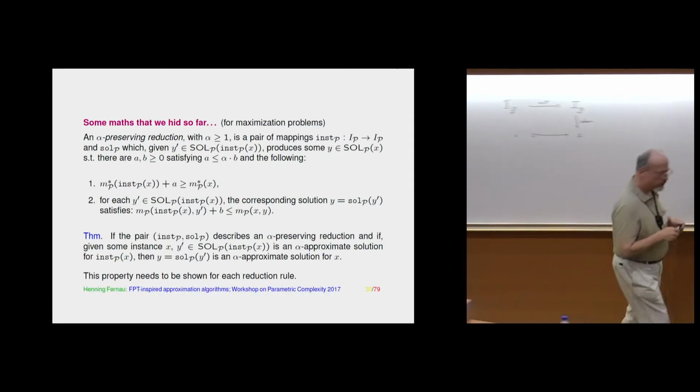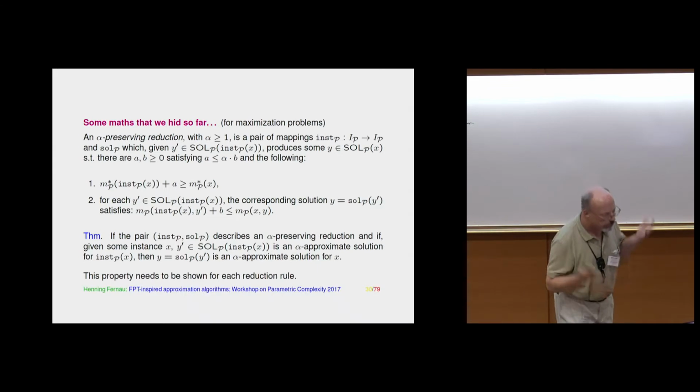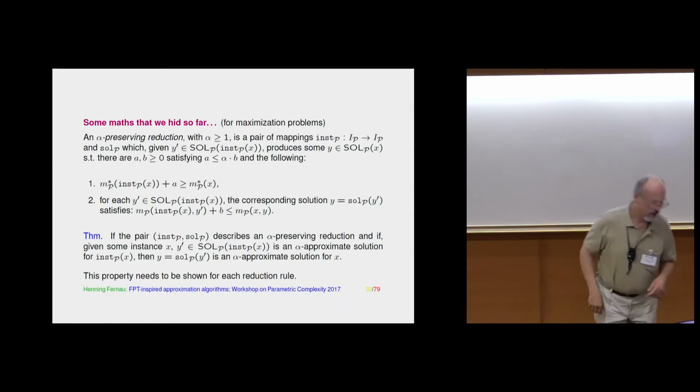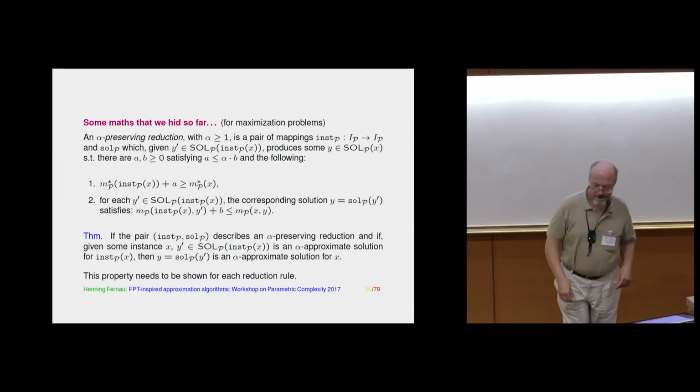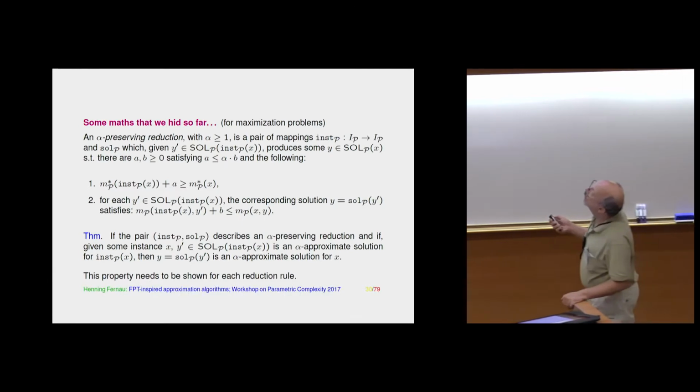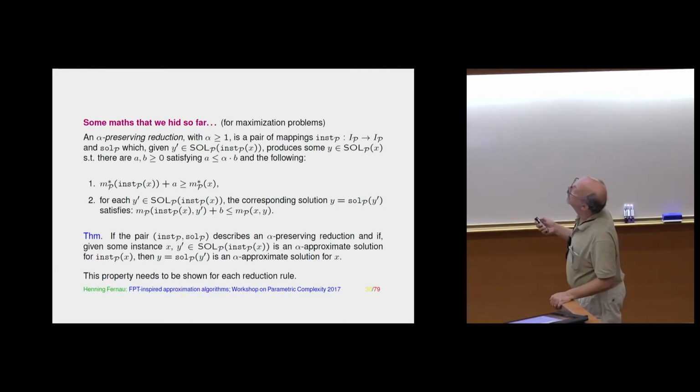And this should satisfy certain properties. This is written down up here for the maximization case: if I'm looking at values of optimum solutions, where is this living? It's living over here. Then I may add some number A, and that should be not smaller than this optimum solution over here.